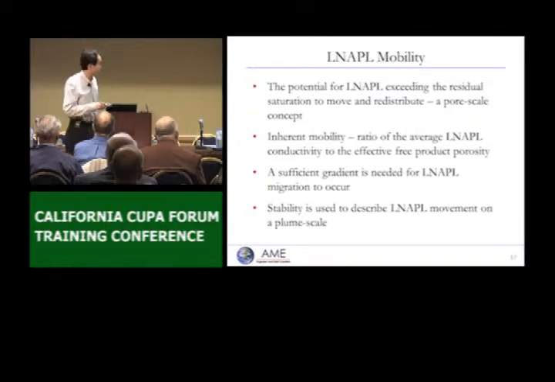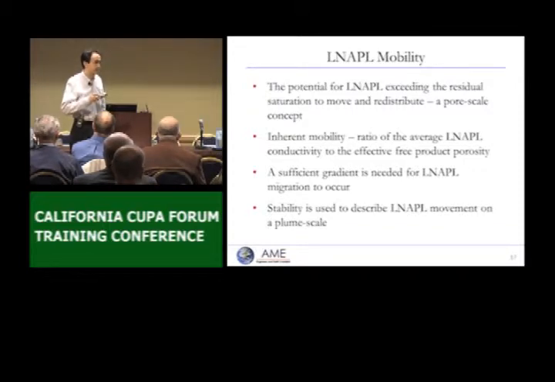You can talk about the average if you want to do that. That's fine. Another concept is inherent mobility, which is a ratio of the average LNAPL conductivity to the effective free product porosity. Well, let's draw an analogy here. Darcy's law for water flow is like this: the conductivity times gradient gives us the Darcy velocity.